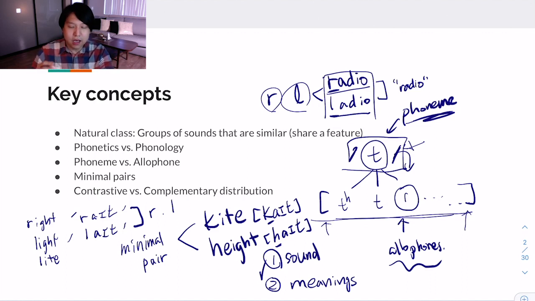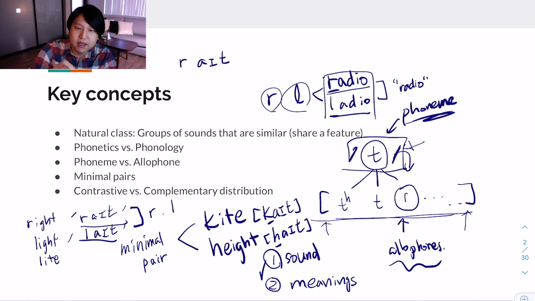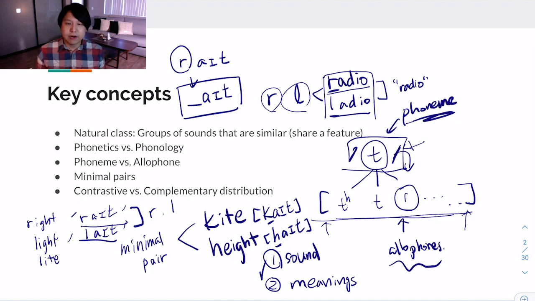So whenever a set of two consonants, a set of two phones, a set of two sounds have the same environment and they mean a different thing, they're said to be in a contrastive distribution. So, for example, R in right is actually in an environment that looks like this. This is their environment.